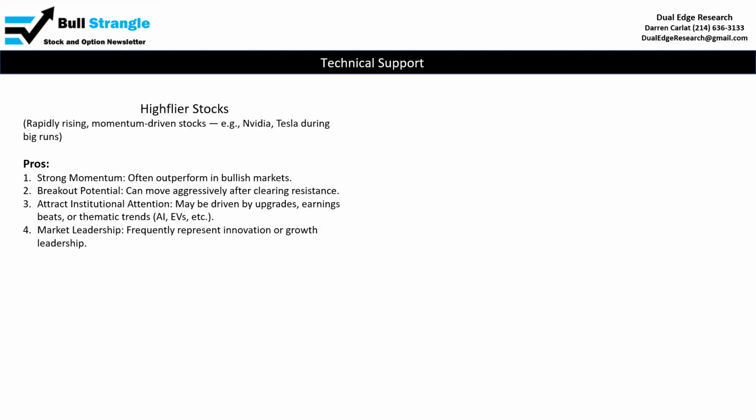The first category is what I'm going to call a high flyer stock. These are rapidly rising, momentum-driven stocks. Examples would be NVIDIA or Tesla during their big runs. The pros are that they have strong momentum and many times they will outperform in a bullish market. They do have high breakout potential and can move aggressively after clearing resistance.